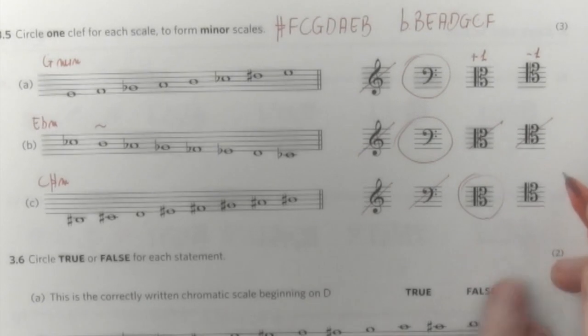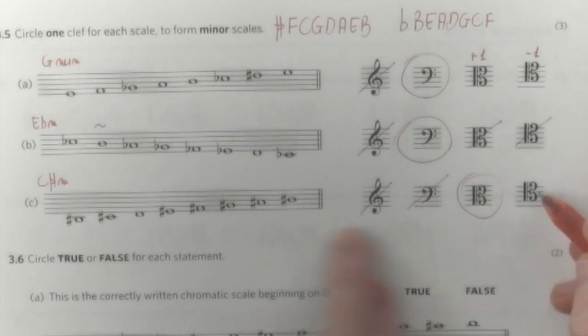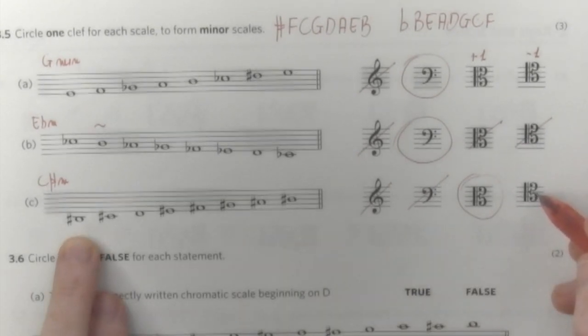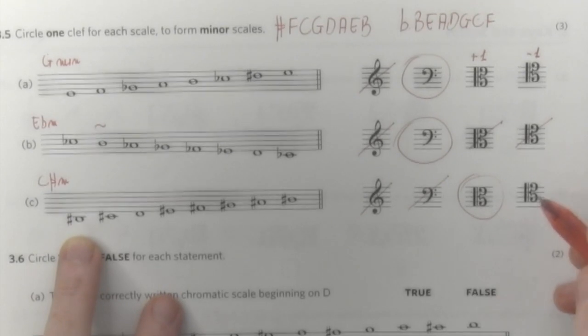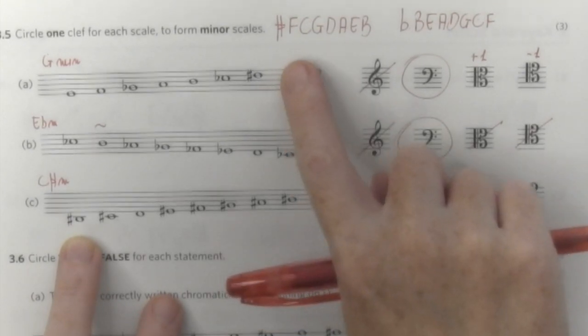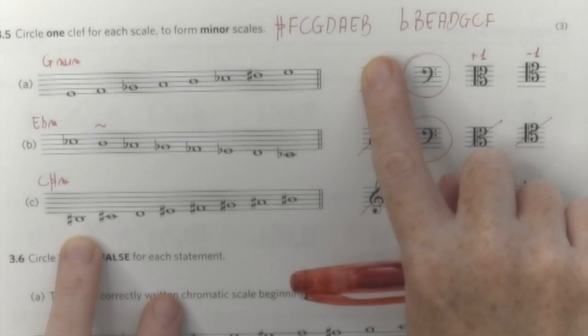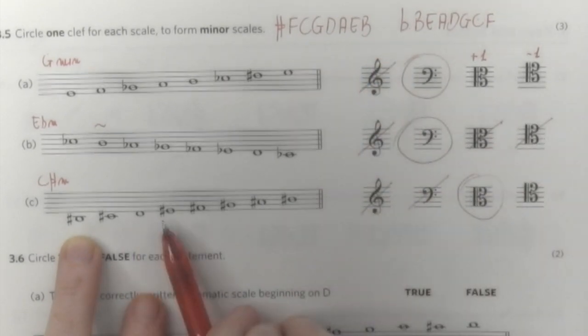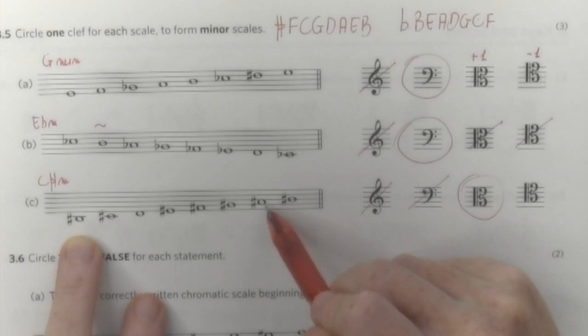Let's exclude the tenor clef. So C sharp, B sharp minus 1 is A sharp, and A sharp minor is the relative minor of C sharp major, and C sharp major has all the sharps, and also some double sharps as well.